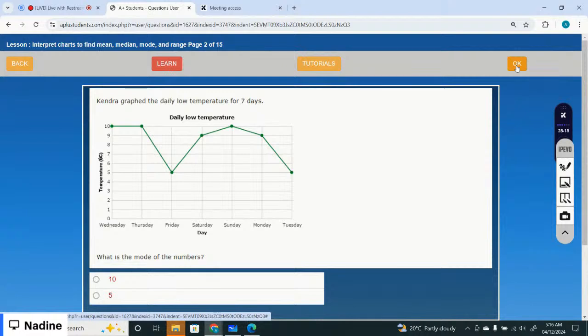The mode is the number that appears the most, right? Oh, yes, that is 10. The correct option is 10. Very good.